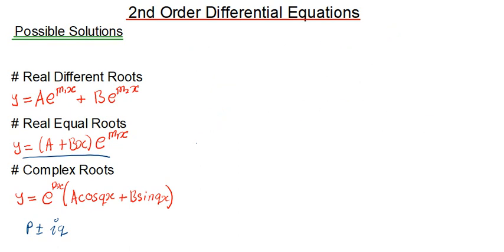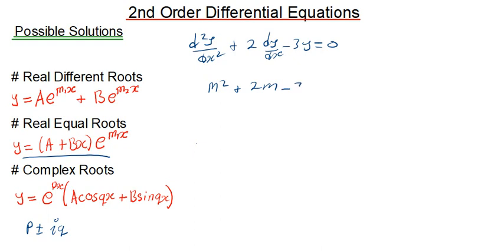Okay, let's look at another example. Let's say we have d2y dx2 plus 2 dy dx minus 3y is equal to 0. So now this can be written as m squared plus 2m minus 3.